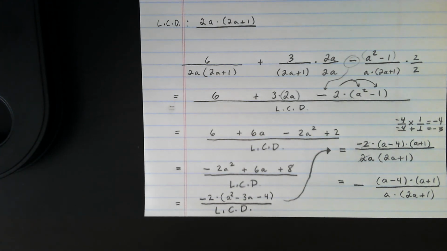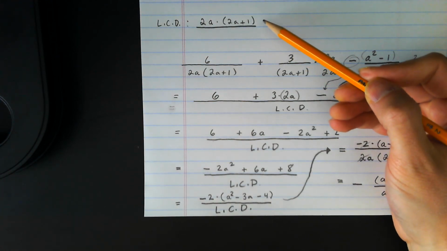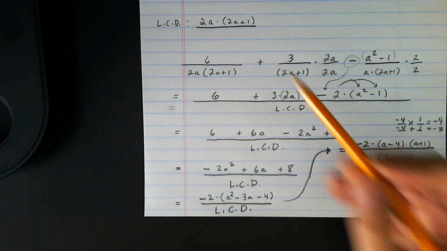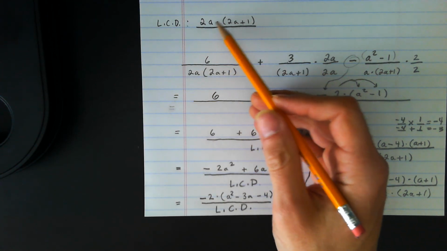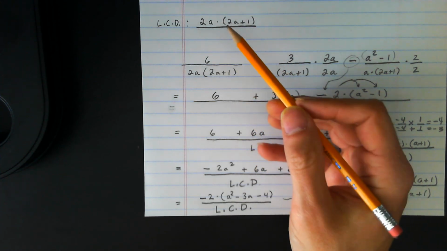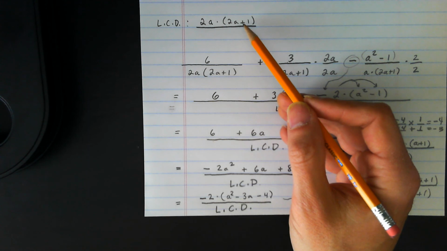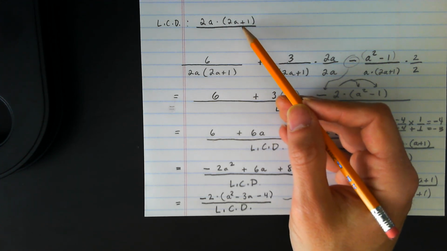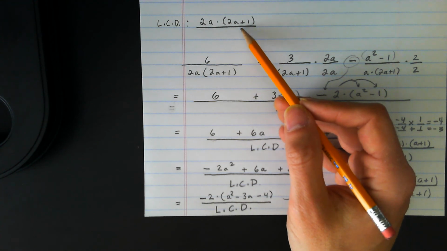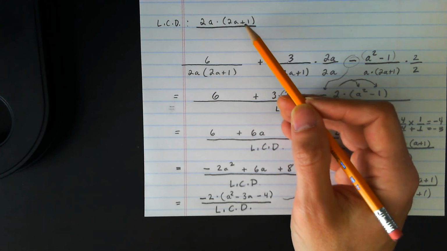Okay, now for domain restrictions, again, we can just look at the LCD here. In this case, I can see if a equals 0, by the zero product property, this expression will equal 0. And what's a going to equal here? Remember, if I set this factor equal to 0, it's going to be a linear equation. The first thing I would do to isolate a would be to subtract 1 from both sides, and then I would divide by 2.